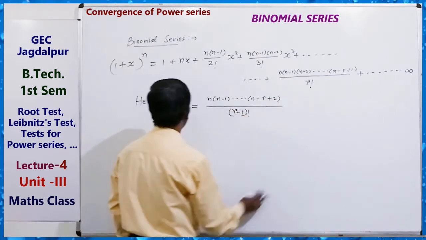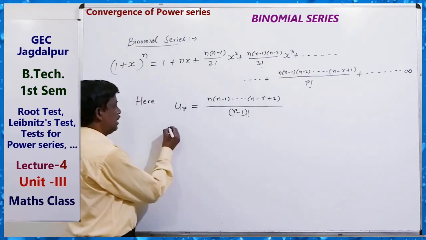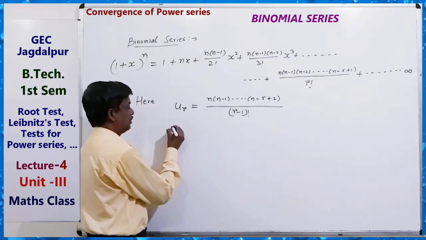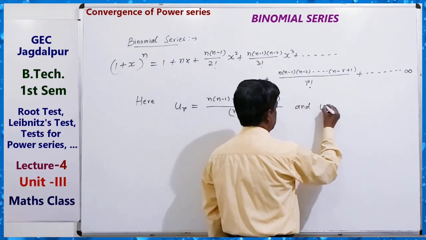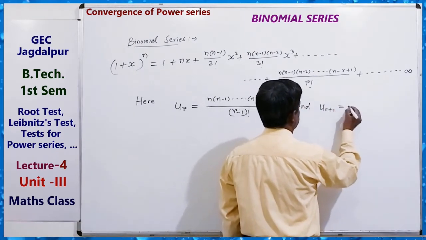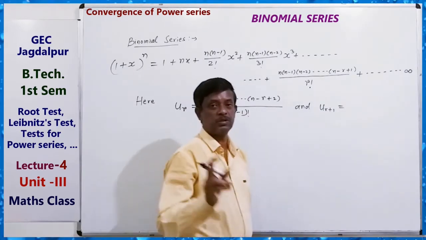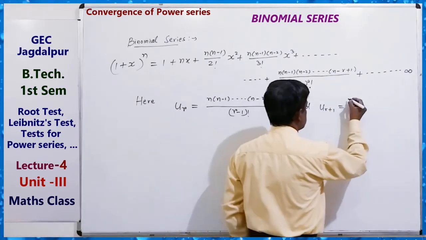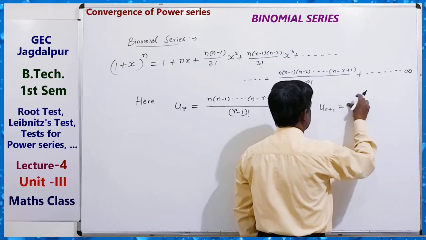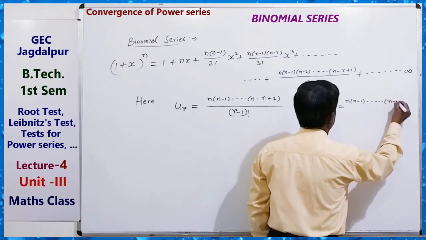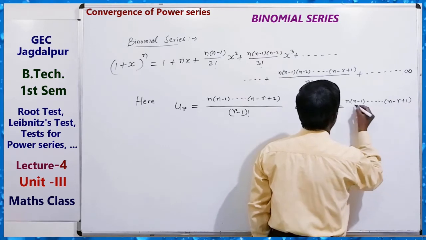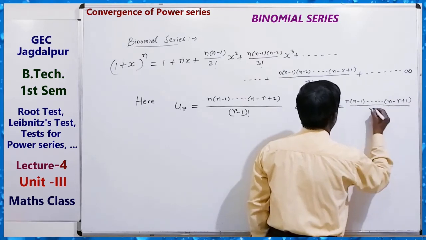This is the rth term, and the r plus 1th term is n minus 1 up to n minus r plus 1 upon r factorial.